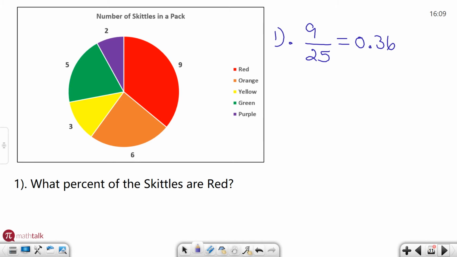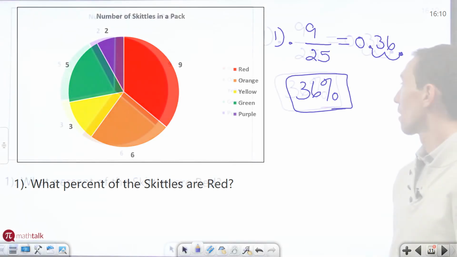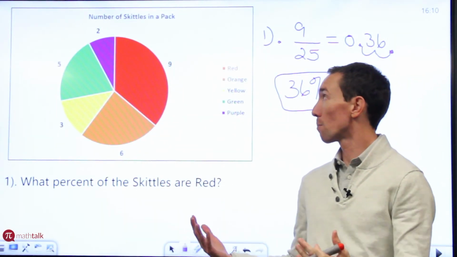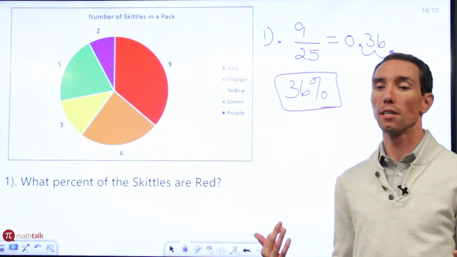And 0.36 is basically going to be 36%, because that's how that can be represented. To change any decimal to a percentage, really all you need to do is move the decimal point to the right twice because you're multiplying it by 100. So if I move this to the right twice, 1, 2, I get 36. So 36%. And so that's what percentage of red Skittles are in this packet.